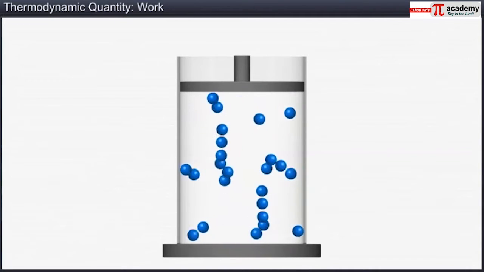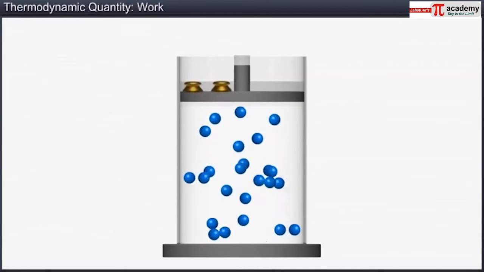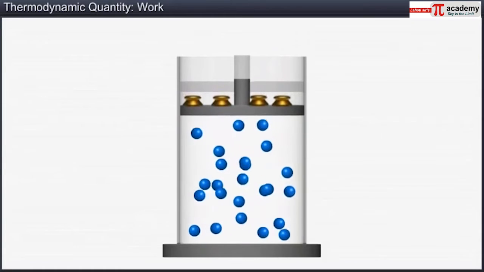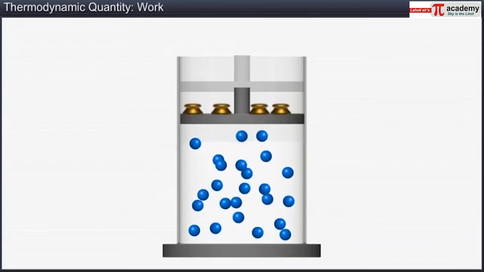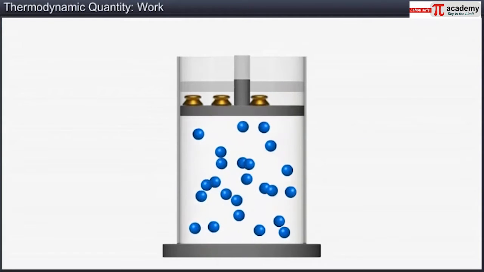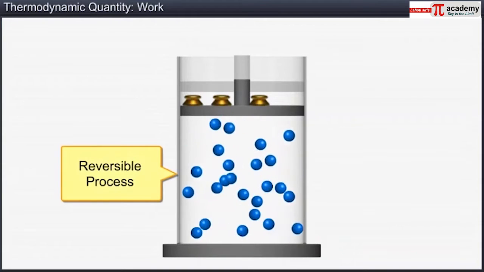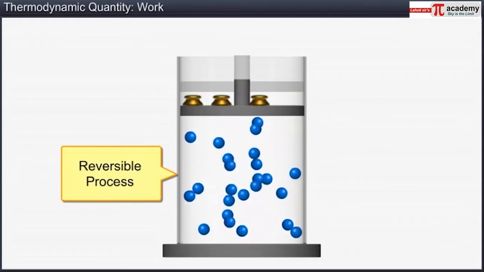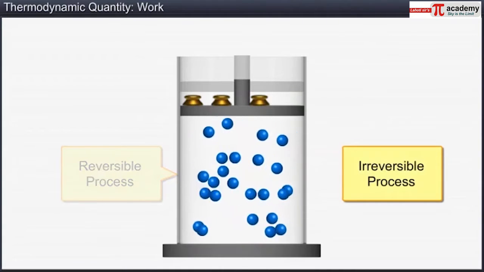Now, let's place a few grains of sand above the piston and allow the gas to compress by adding 1 grain of sand at a time. Here, the process is so slow that it can be easily reversed by removing 1 grain of sand at any time. This is known as reversible process. Processes which are not reversible are known as irreversible processes.